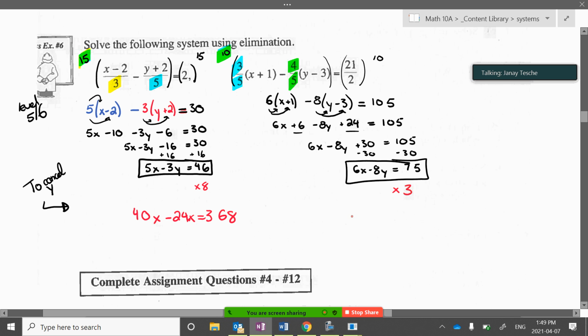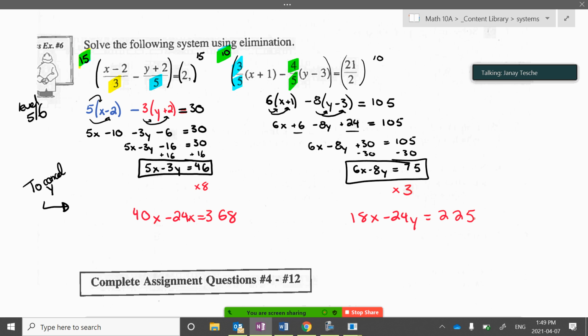Second one, I'm going to get 18x minus 24y equals 225. Would I add or subtract my two equations? Good, you'd subtract them because then I'm subtracting a negative, which gives us adding.